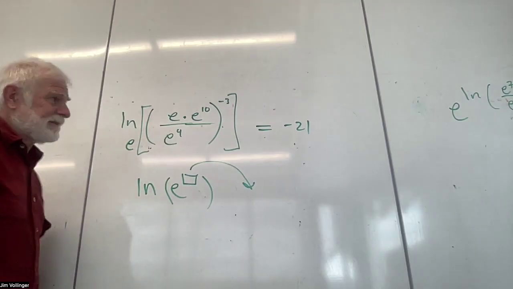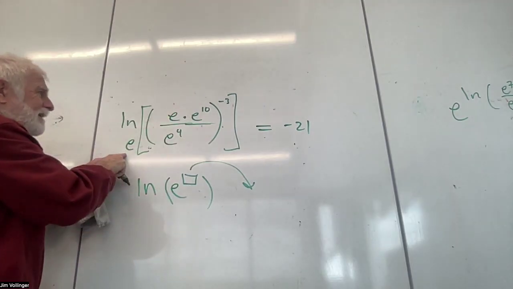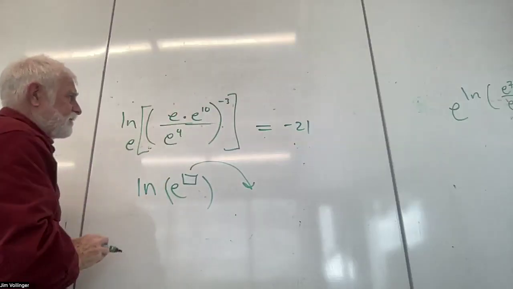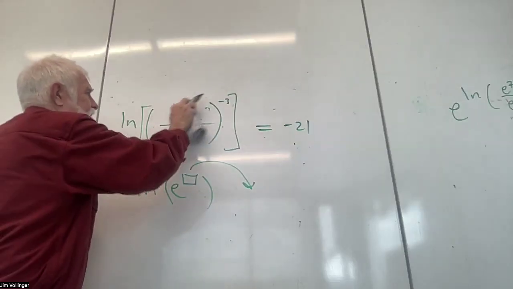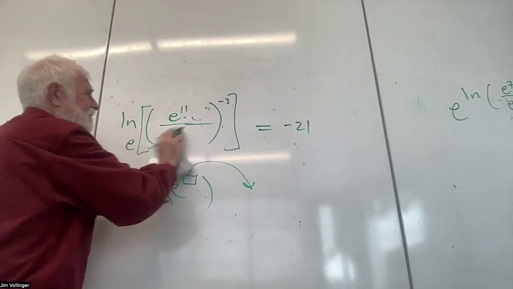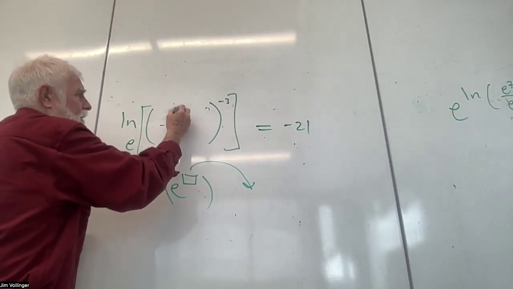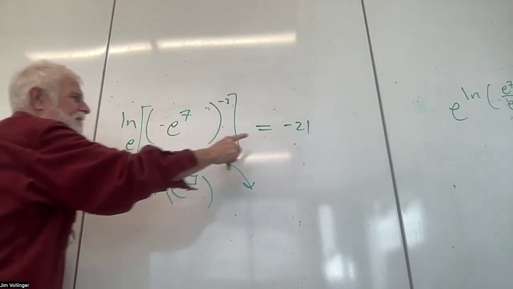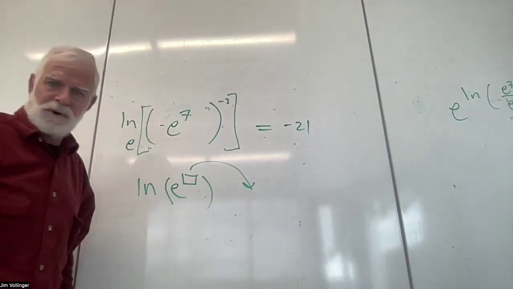That's all I'm looking at. It's the exponential activity on top of e. So why don't I simplify this? e times e to the 10, make it e to the 11. Rules of exponents tell me that the exponent is 7. And I think -3 times 7 is -21, and that's what I'm doing.